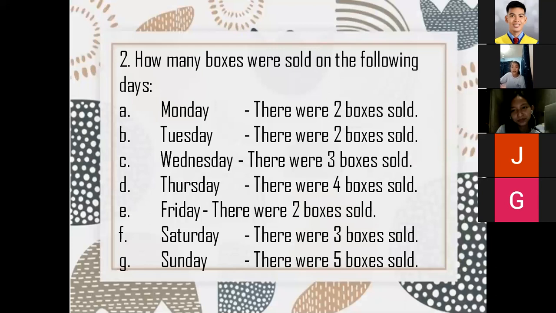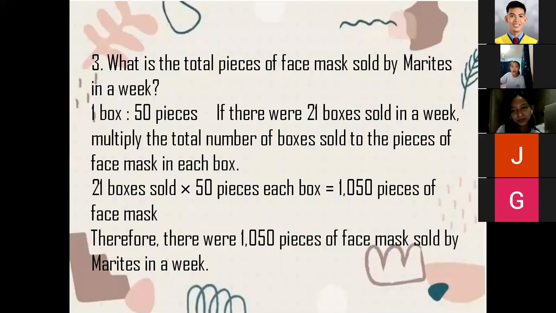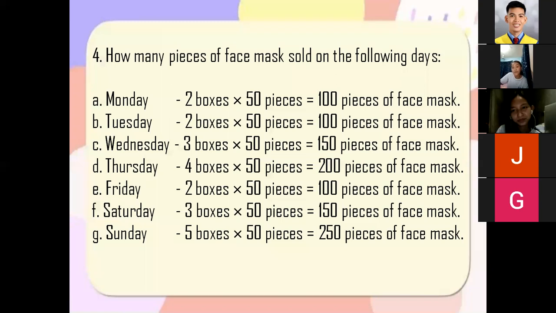For Thursday, there are 4 boxes times 50 pieces equals 200 pieces. Friday, 2 boxes times 50 pieces equals 100 pieces. For Saturday, 3 boxes times 50 pieces equals 150 pieces. And lastly, Sunday, 5 boxes times 50 pieces equals 250 pieces of face masks.